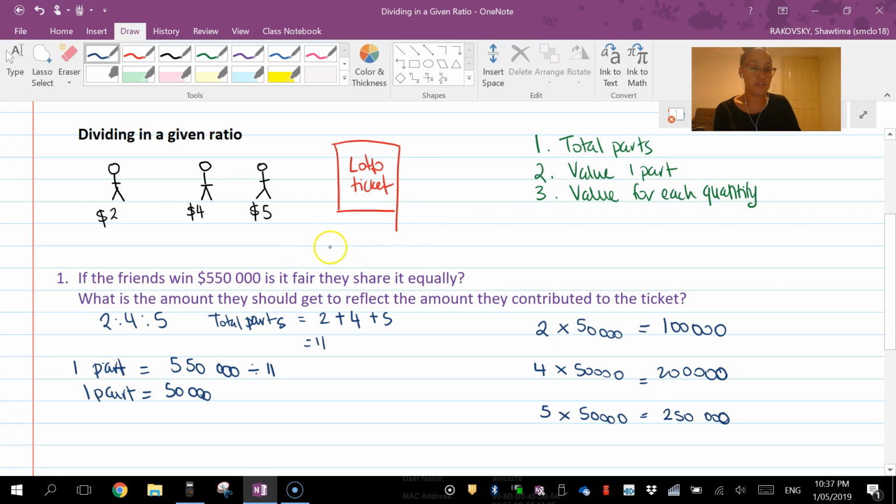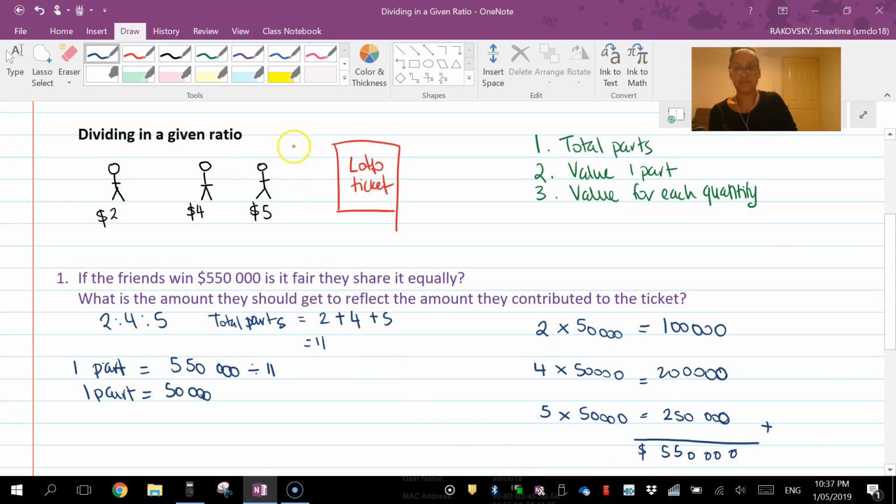Now, if you're unsure or you still don't feel comfortable with this method or concept, a way that you can check that your maths is working is to add these values together. Have a look here, we've got 1, 2, 3, 4 zeros, a 5, and 5.